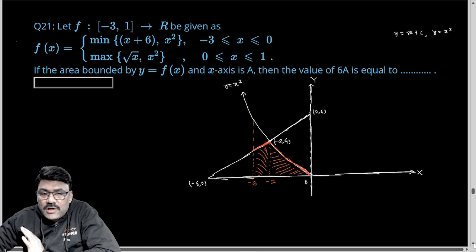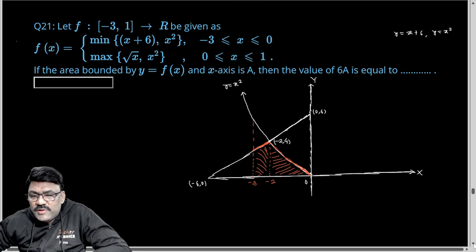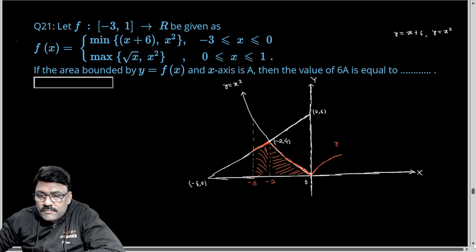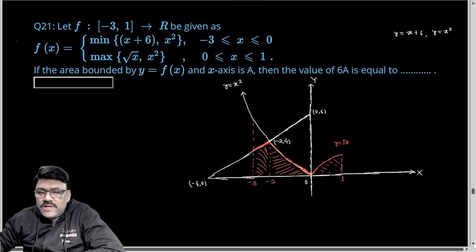So root x will be the upper curve, and in 0 to 1, your curve is basically root x. This is y is equal to root x in 0 to 1. So you have to calculate these areas.